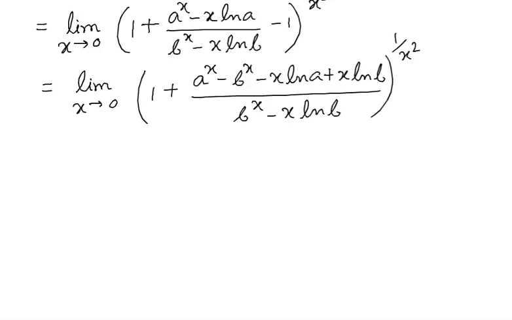Now you can see that this whole quantity is tending to 0 because the numerator is tending to 0 and the denominator is tending to 1, so the whole thing is tending to 0.